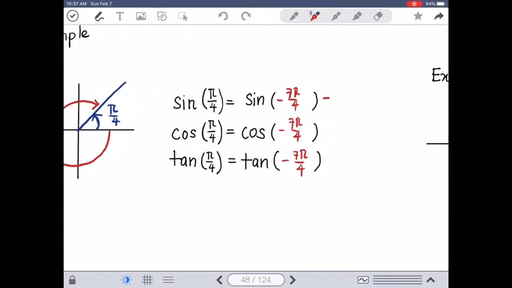If you press your calculator, you should get 0.707 if you check for both values.